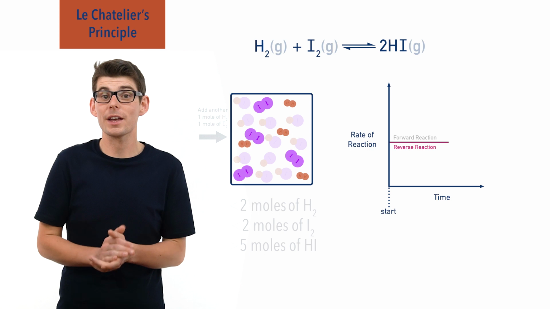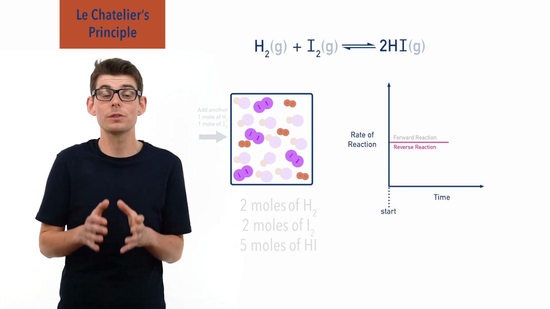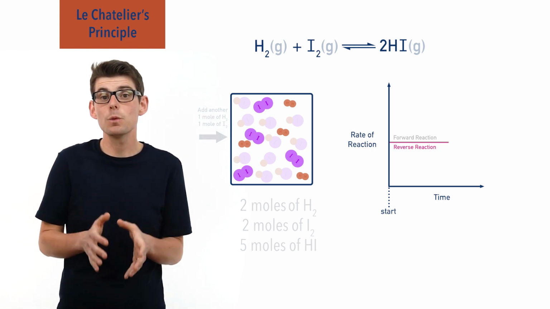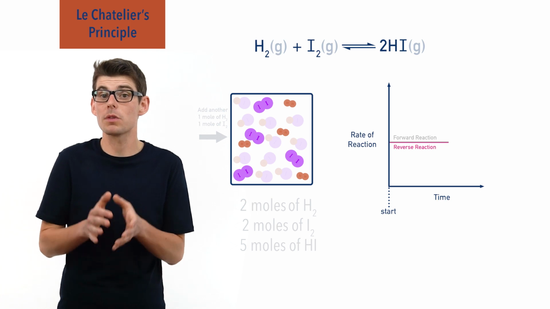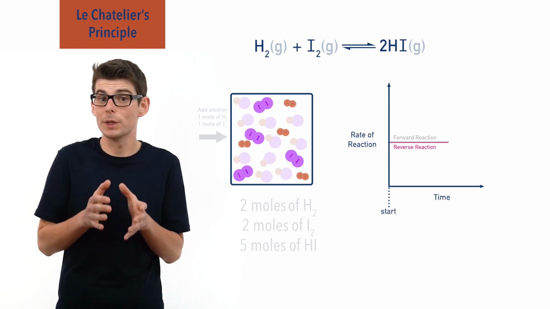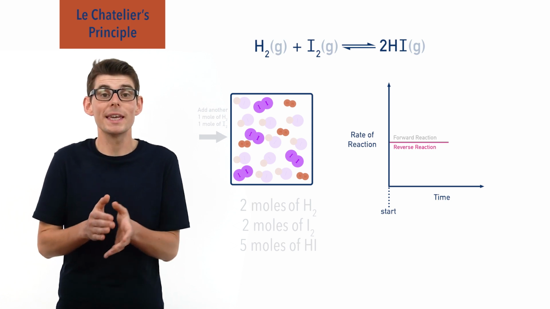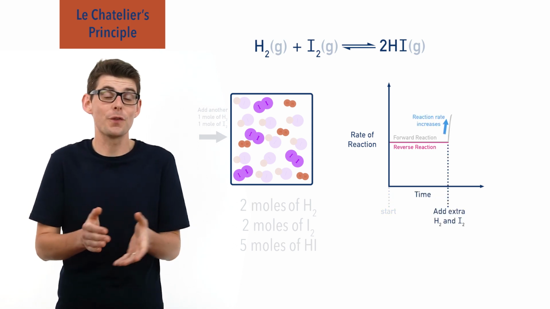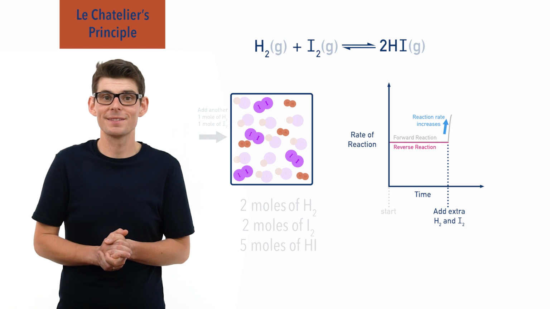The rate of a reaction is based on the concentrations of reactants. If we increase the number of moles of hydrogen and iodine then, the rate of the reaction between hydrogen and iodine will increase as a result. The forward reaction in this case.